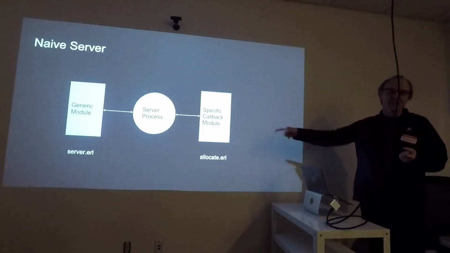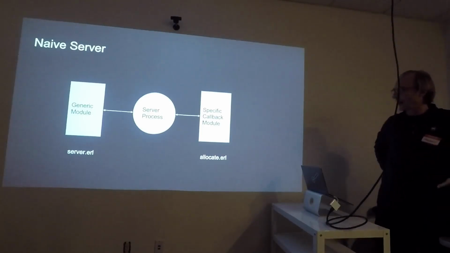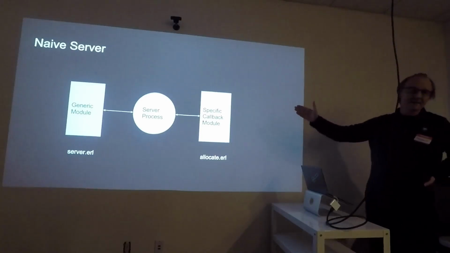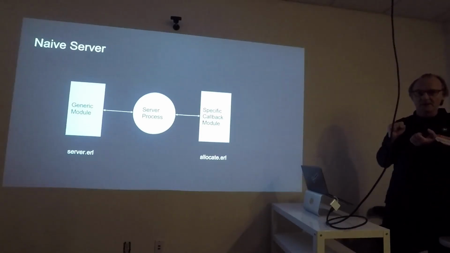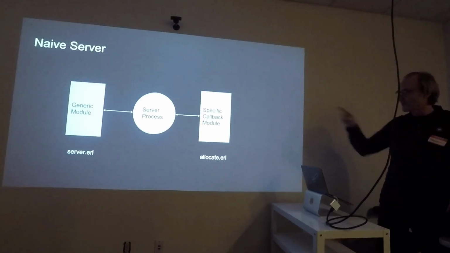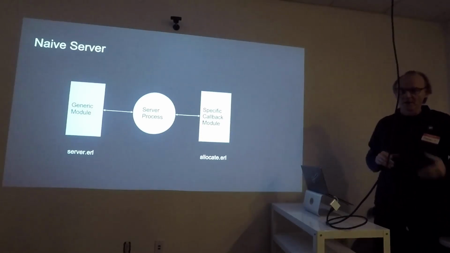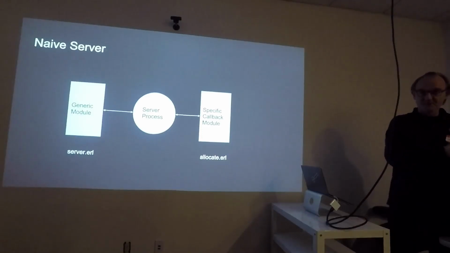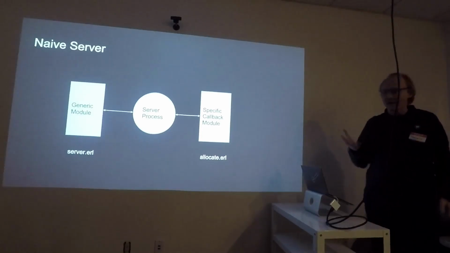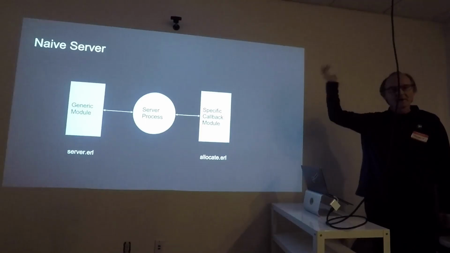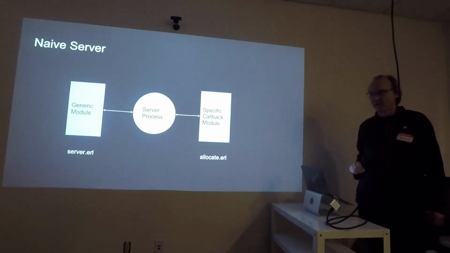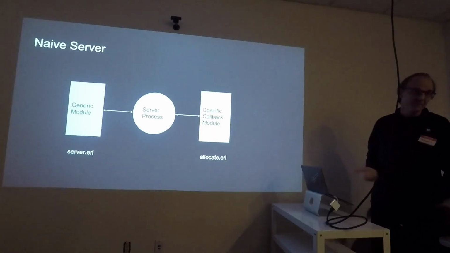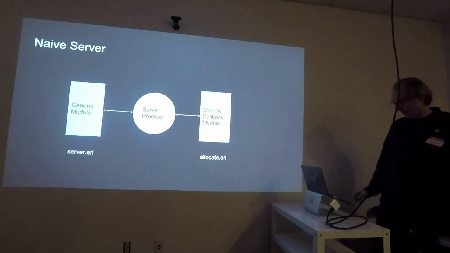That's why I'm calling this thing allocate. If you think about it, that's more or less callback functions that you provide for the server to be able to run your specific thing. The idea being that you can reuse that server for any kind of server, but you would just provide different callback modules depending on what you're doing.